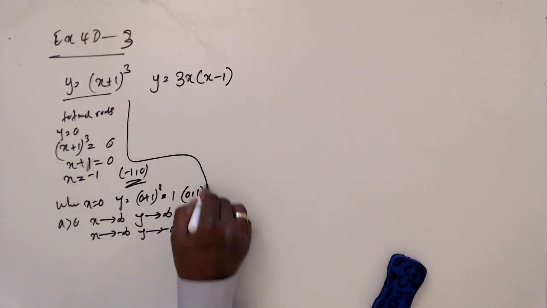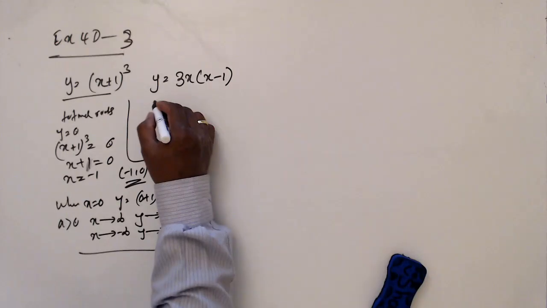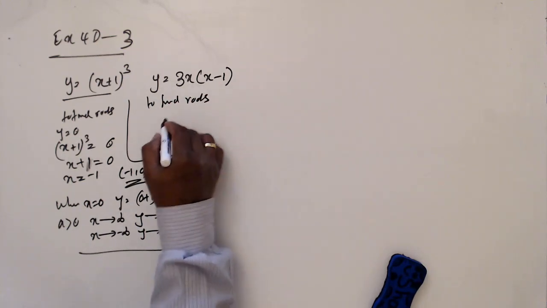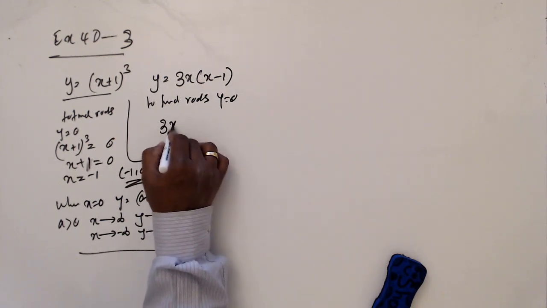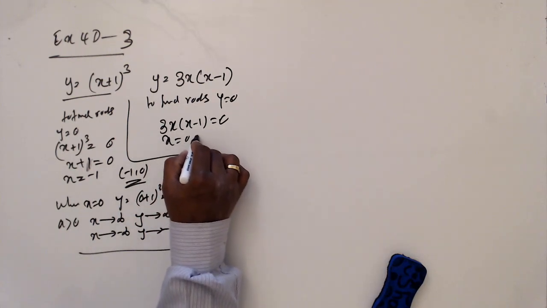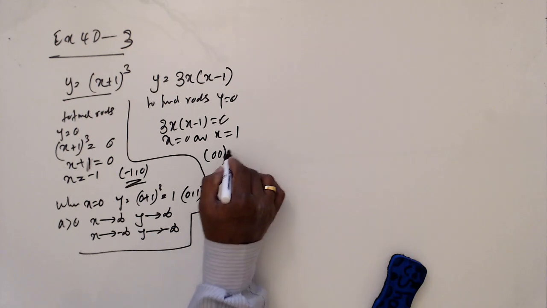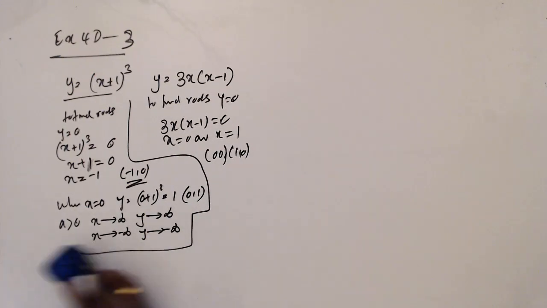Now for this quadratic equation, to find roots, we make y equal 0, then 3x times (x minus 1) equals 0, x equals 0 or x equals 1. (0, 0) and (1, 0) are the roots of this quadratic equation.